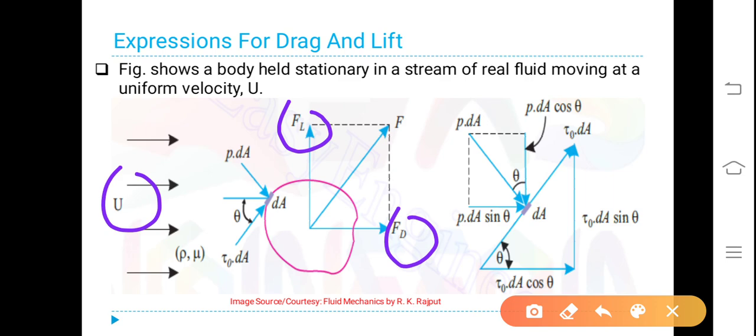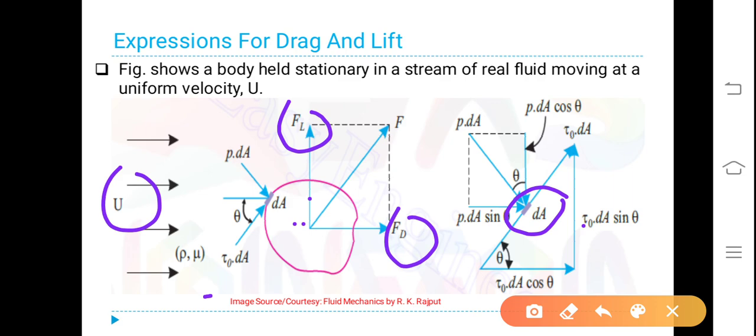Now let us consider a small element, the area dA. Let us assume PdA is the force acting depending upon theta, that is the flow of fluid with respect to this tangent. Now we will consider this small elementary area dA in a free body diagram.